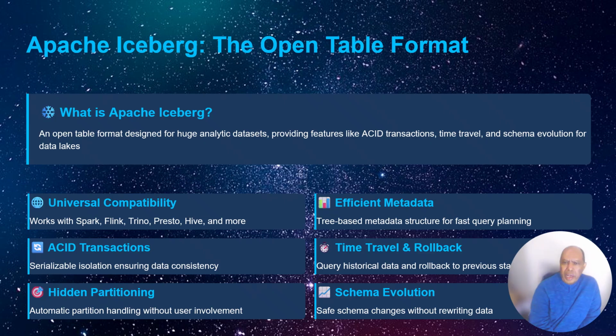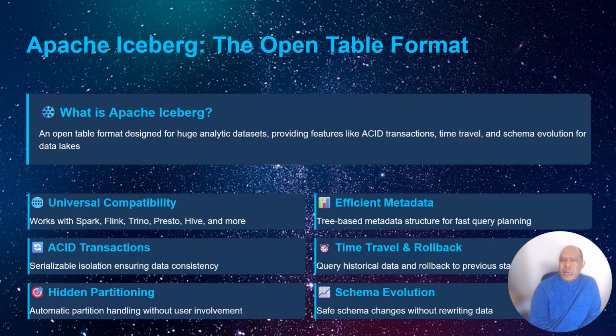Think of it as a layer that sits on top of your data files in cloud storage, providing database-like capabilities, which are ACID transactions, time travel, and schema evolution for data that lives in open formats like Parquet. The data lake stores data in files, and on top of those files, you have Apache Iceberg.